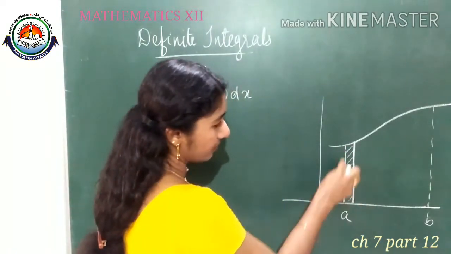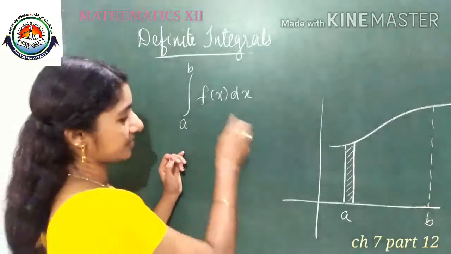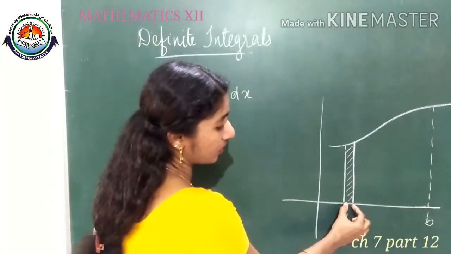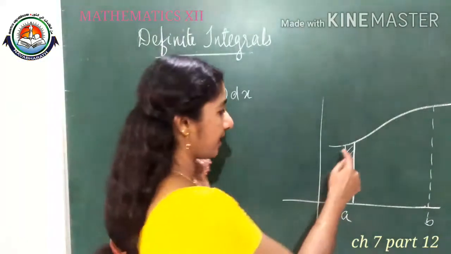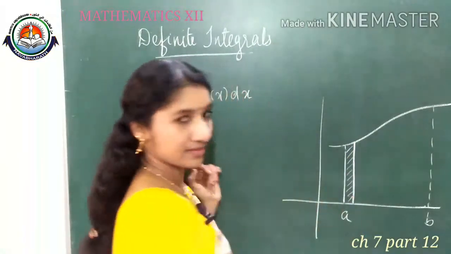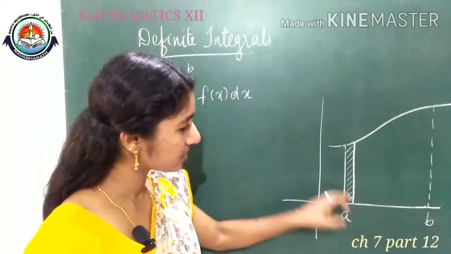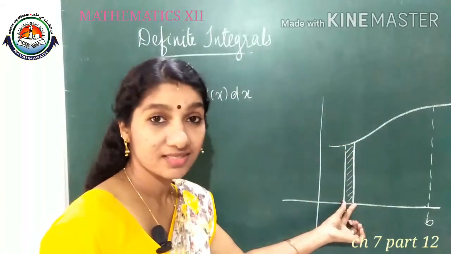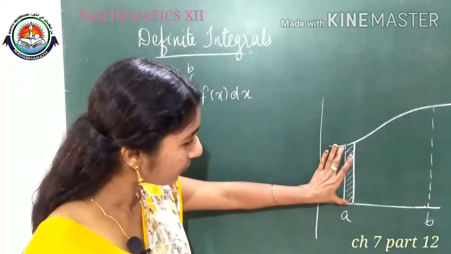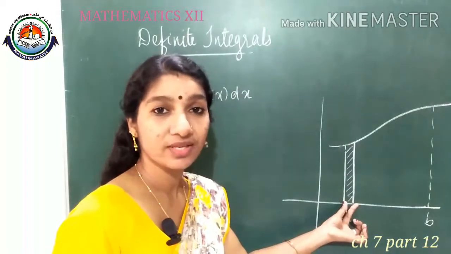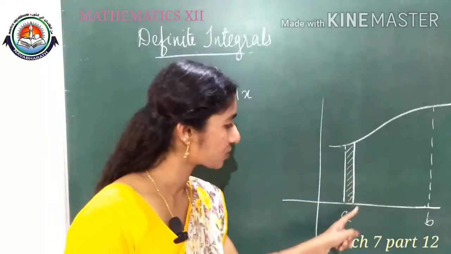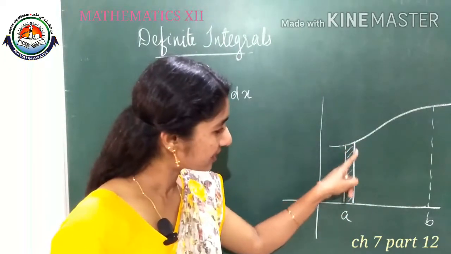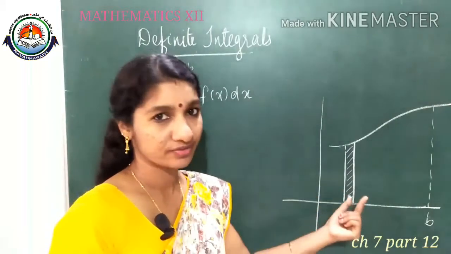This value, y value is f of x and dx means this small quantity. So we are getting a rectangular strip like this. So for this rectangular strip, this length is f of x and this length is dx. So f of x into dx means we are getting the area of this strip, since it is a rectangle shape.